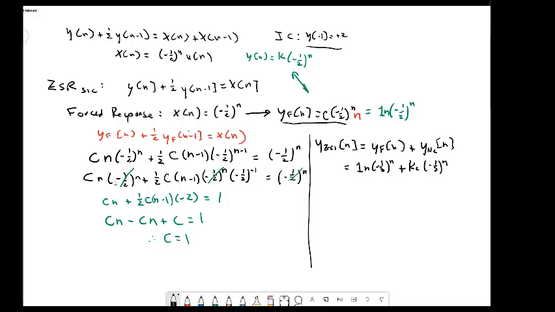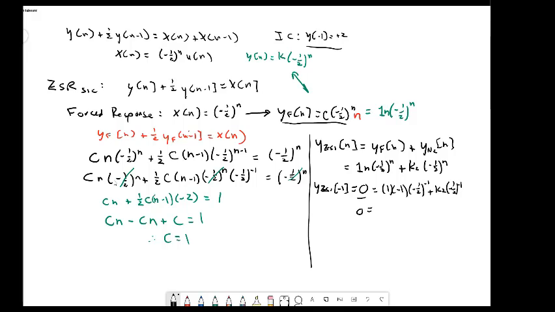And we'll use our one initial condition. The zero state response at n equals minus 1 has to be 0. And so if we plug in n equals minus 1, we'll have 1 times minus 1 times minus 1/2 to the minus 1 plus k2 times minus 1/2 to the minus 1.